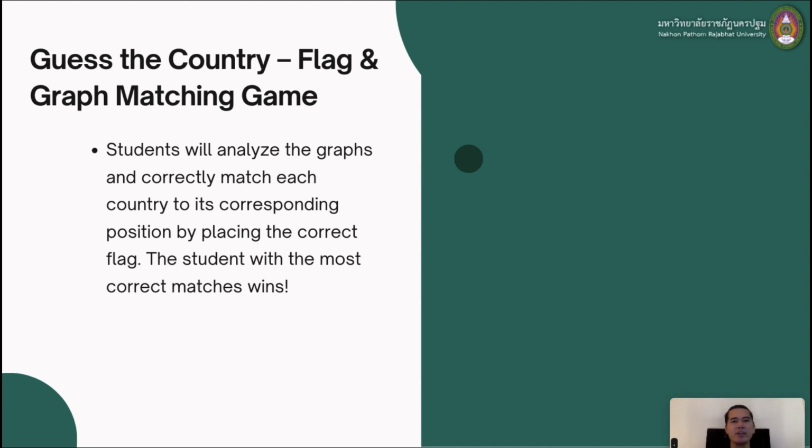Let's proceed now. In this part, you're going to play the guess the country, the flag, and the graph matching game. The students will analyze the graphs correctly, and then guess what country the graph referred to.